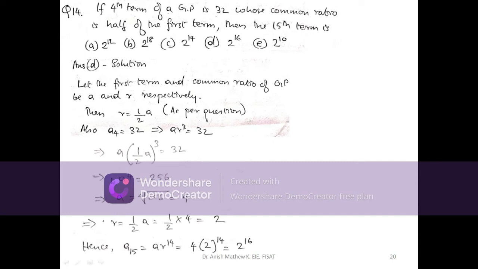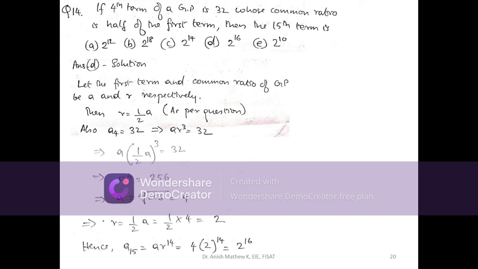So a raised to 4 equals 256. The first term a is the fourth root of 256, which is 4, that is 4 into 4 into 4 into 4.